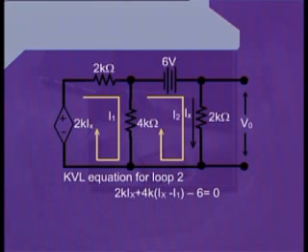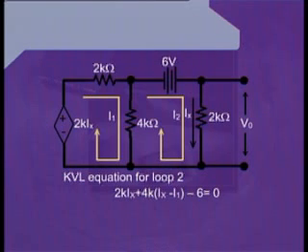Therefore, they will be cancelling out each other. And we have already mentioned that the current I2 is equal to Ix. Therefore, instead of writing I2, we will be writing Ix into this equation as well. Hence, for this resistance, we write 4k into (Ix minus I1).